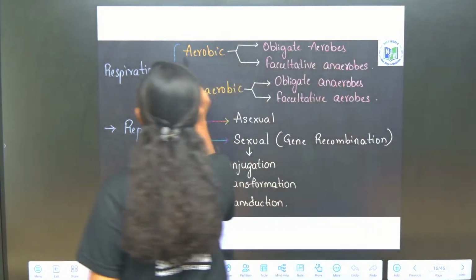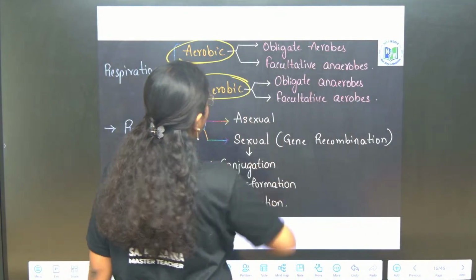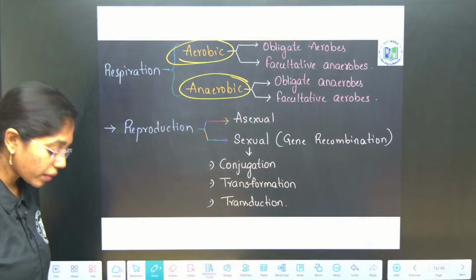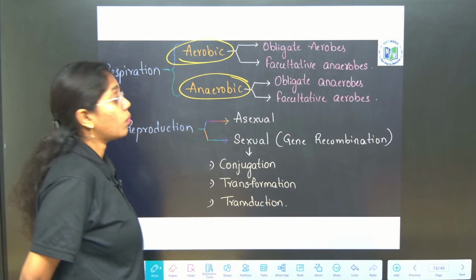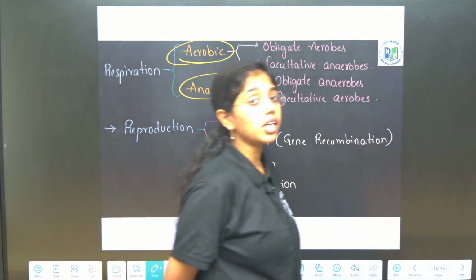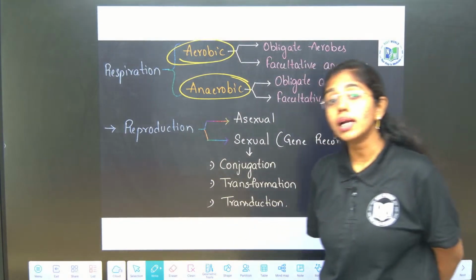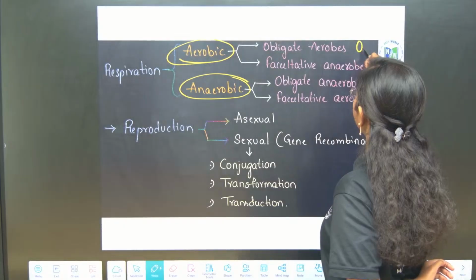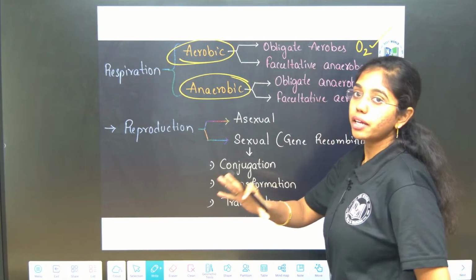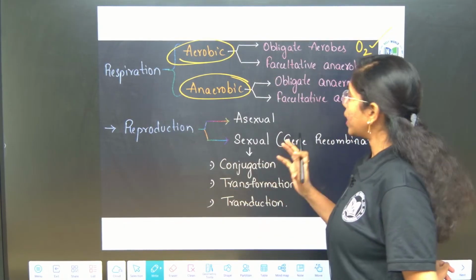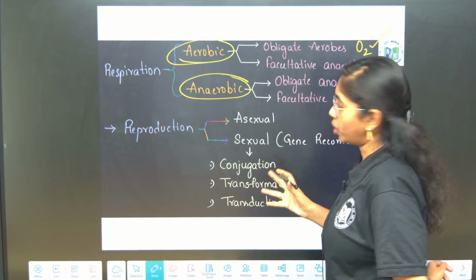Respiration is both aerobic and anaerobic. In aerobic we have two types, obligate aerobes and facultative anaerobes. Obligate aerobes will respire only in oxygenic conditions. Oxygen is compulsory for obligate aerobes for their respiration.